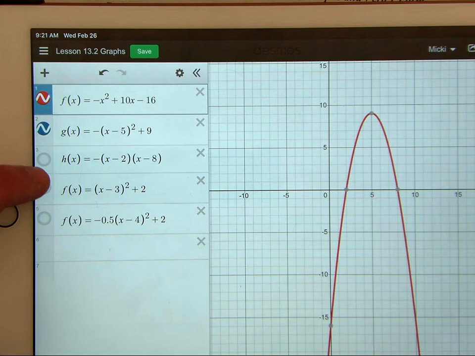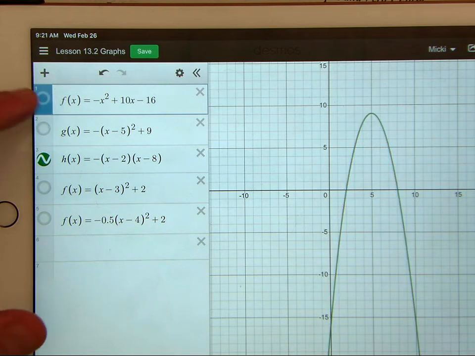They're exactly the same. Now I'm going to click on h of x, and where did that one go? It's the same. They're all the same, but they look so different, right? That's just something interesting to notice.